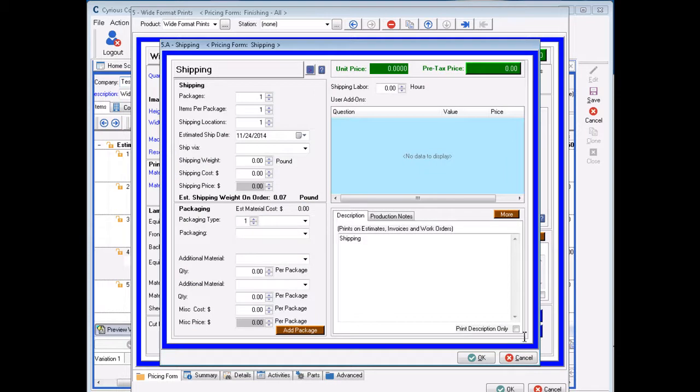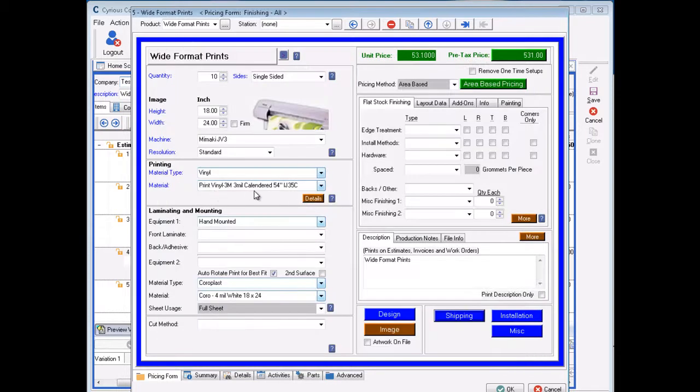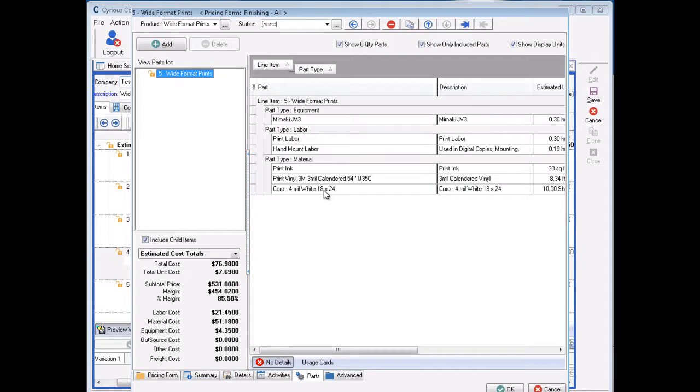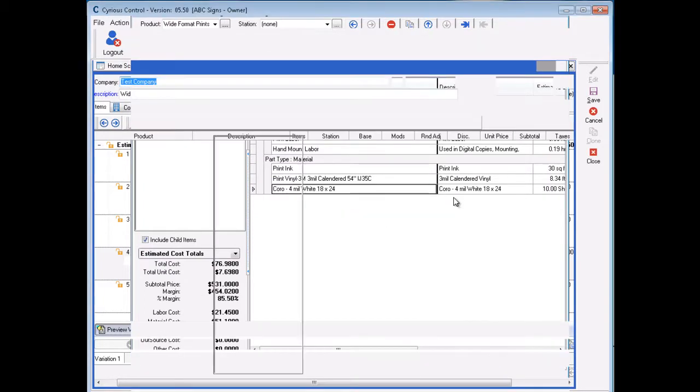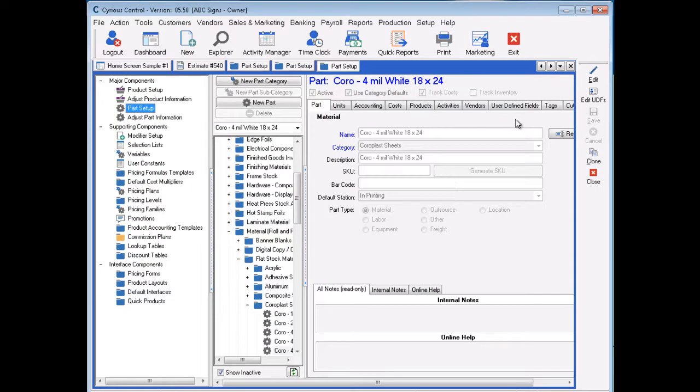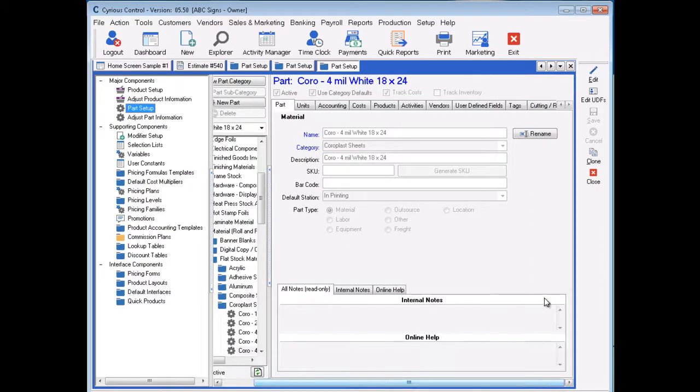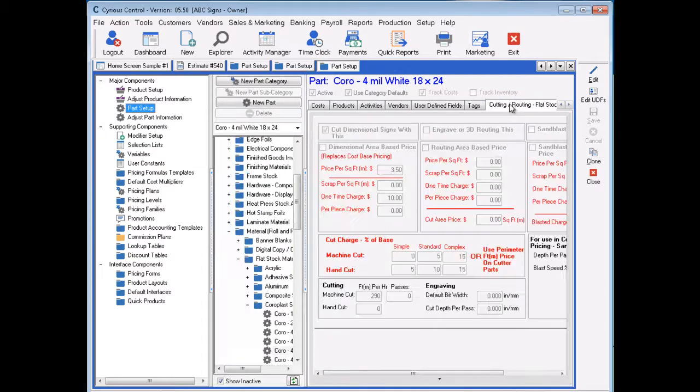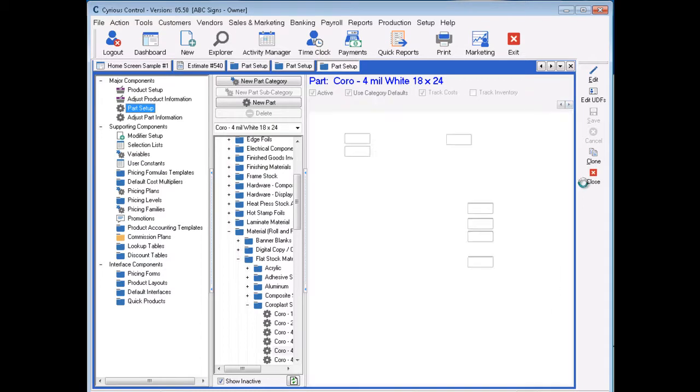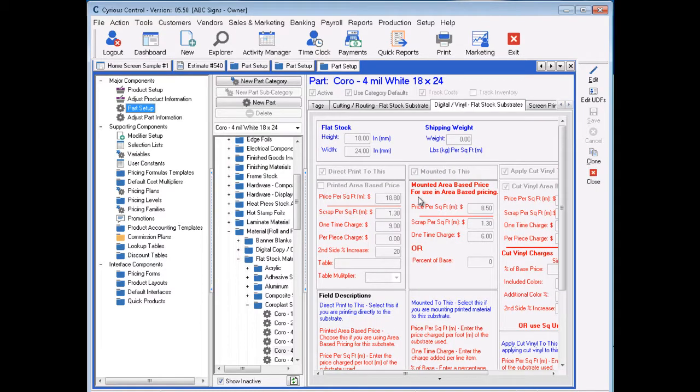The area for the base price, of course, is coming from this print, vinyl, and machine in the same way it was for the banner. But on the coroplast, that is adding for mounting. So if we look at that particular coroplast product, on the coroplast, if we look at flat stock, you'll notice we have a mounting option.